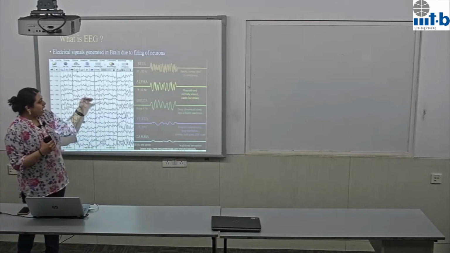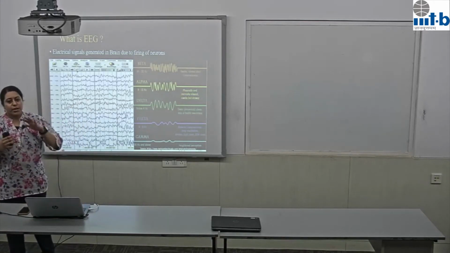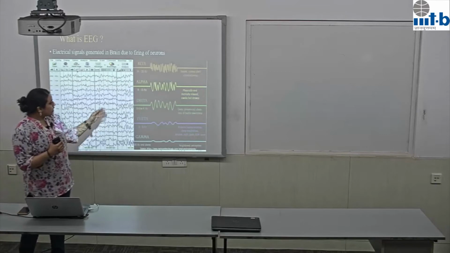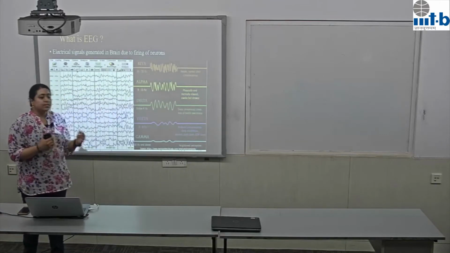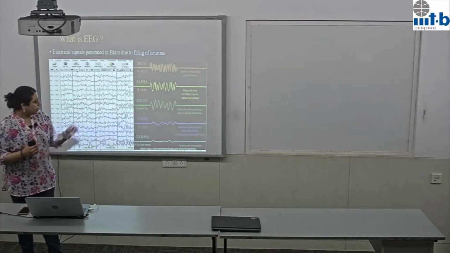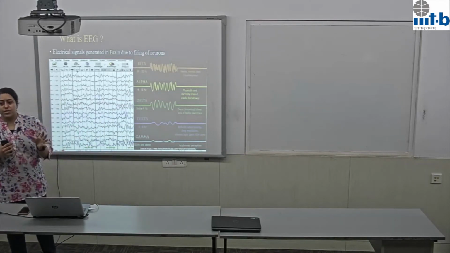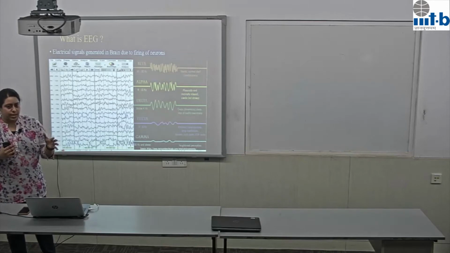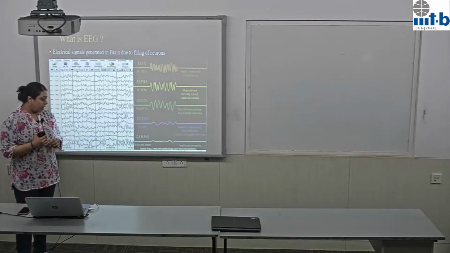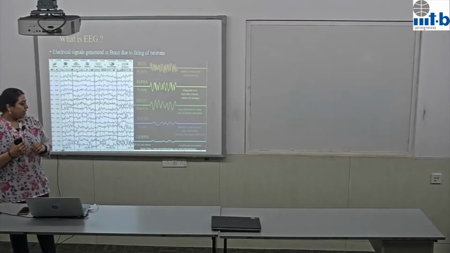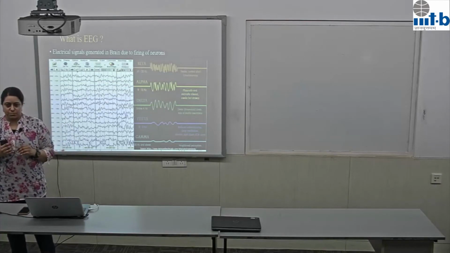Alpha is when the person is awake but relaxed. Delta is below 4 hertz, when a person is in deep sleep. Theta is 4 to 8 hertz, usually associated with a drowsy state. And finally gamma is 30 hertz and above, associated with heightened perception.